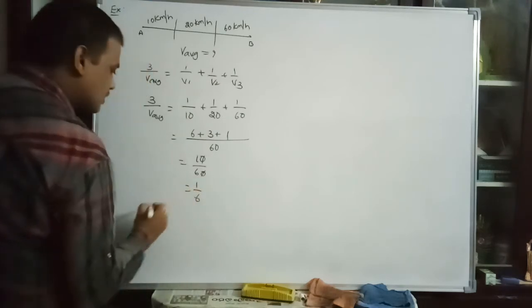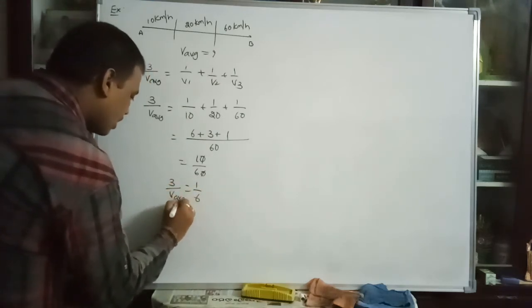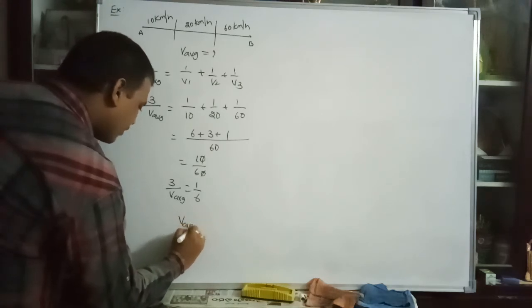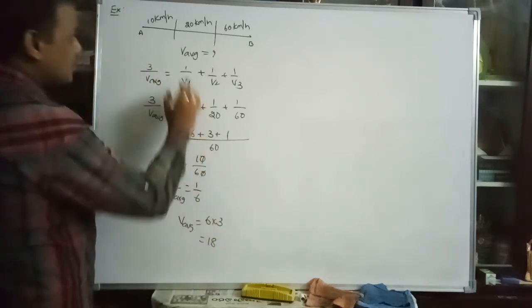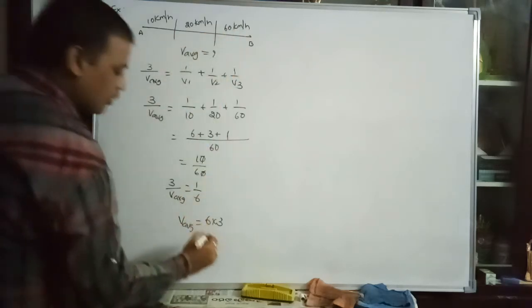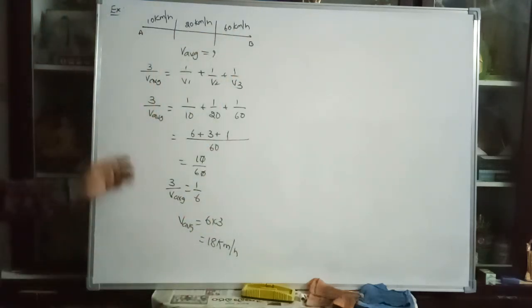This value is 1 by 6. This total term is equal to v average. On cross multiplication, v average is equal to 6 into 3, nothing but 18. Each and every speed is in kilometer per hour. So 18 kilometer per hour. That is the final answer.